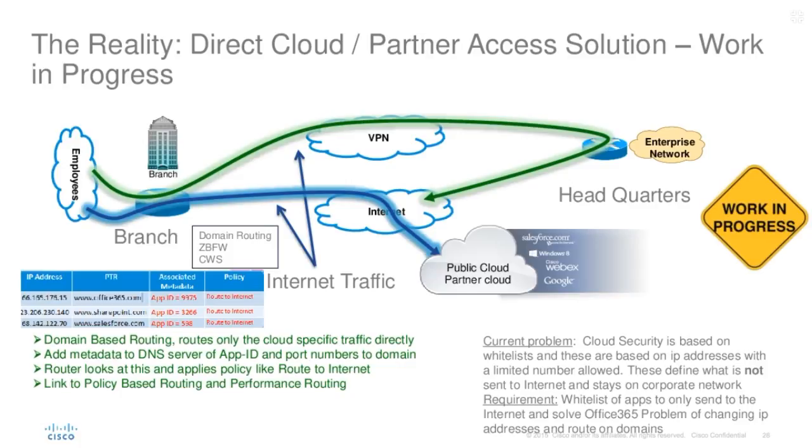Now that's a problem because all routing protocols route based on the IP address. They do not route based on the domain. So the SD-WAN vendor has to have a mechanism where they can actually look at all the DNS queries that are going out there, tap into that, and then figure out how to route those based on the actual domain itself and not the IP address, because that will solve all the operational problems if I can do that.